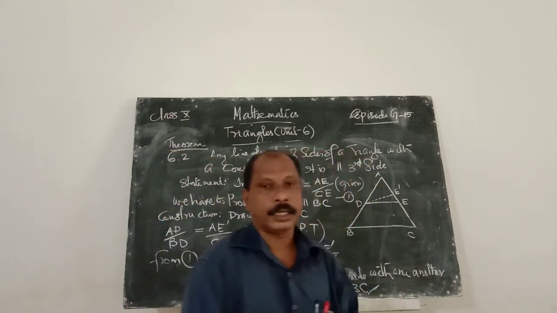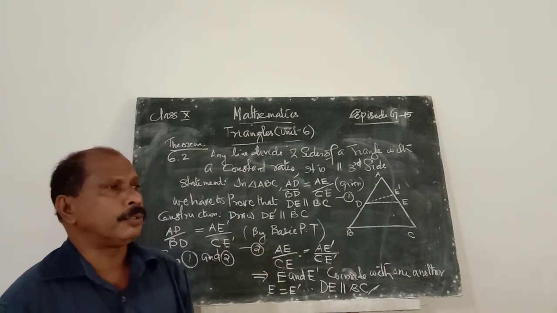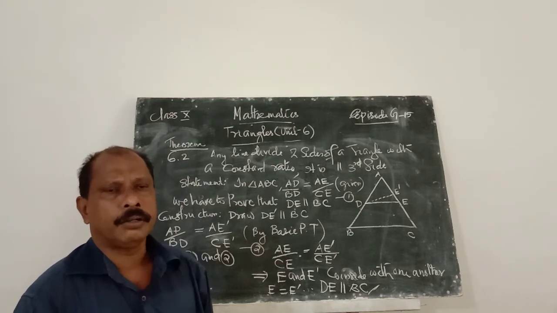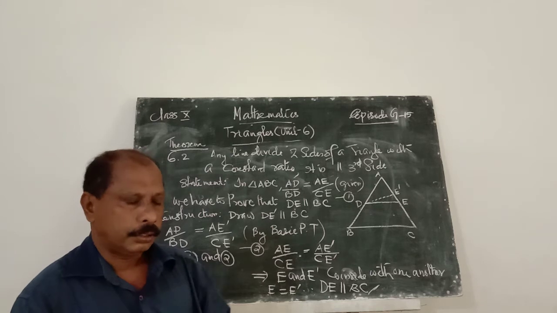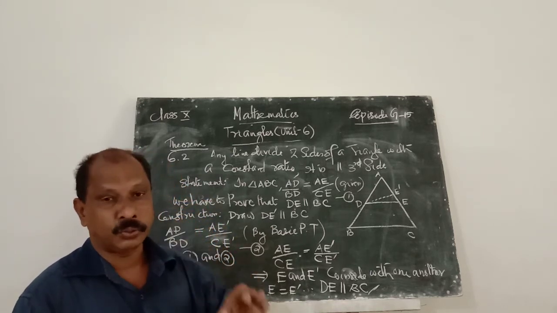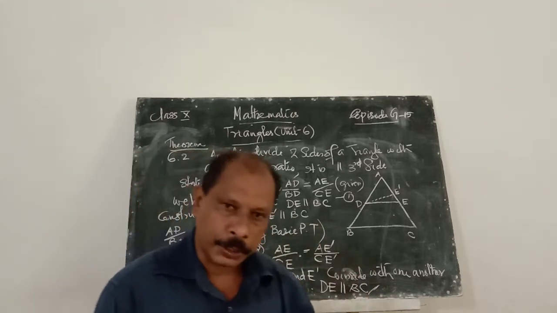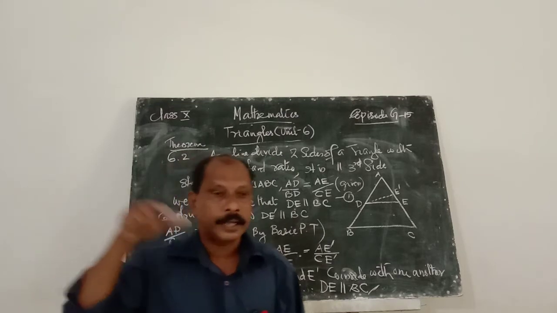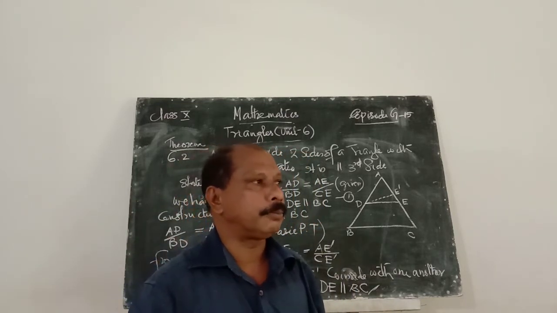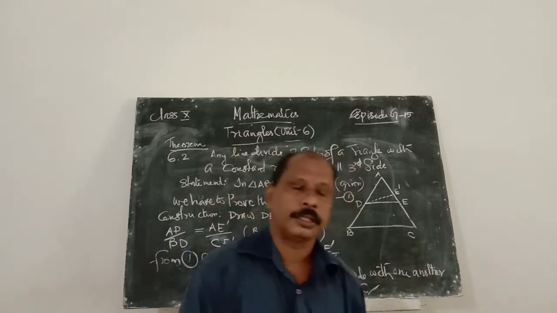Here, once again, the second theorem: prove the converse of the basic proportionality theorem. That is your question. First of all, we state it: any line segment that divides two sides of a triangle in a constant ratio is parallel to the third side. That is the basic statement of theorem number 6.2, the converse of the basic proportionality theorem.